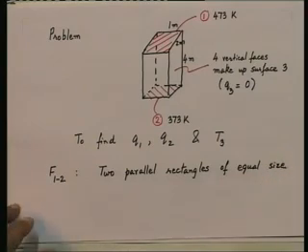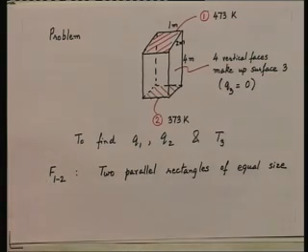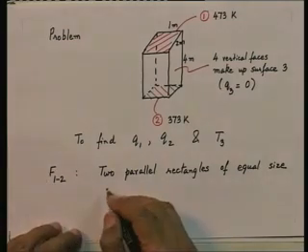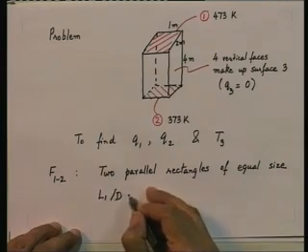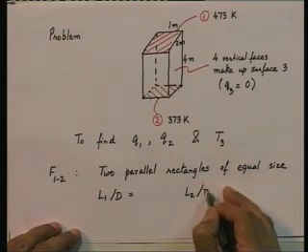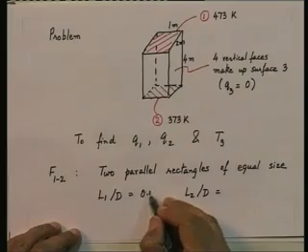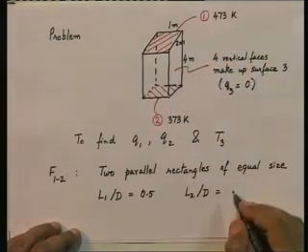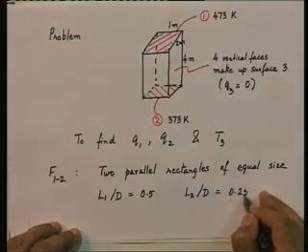In order to read off the value f 1 to 2 from the available graphs, we need the values of L 1 by d and L 2 by d, and in this case L 1 by d will be 0.5, it is 2 by 4, and L 2 by d will be 1 by 4, that is 0.25.